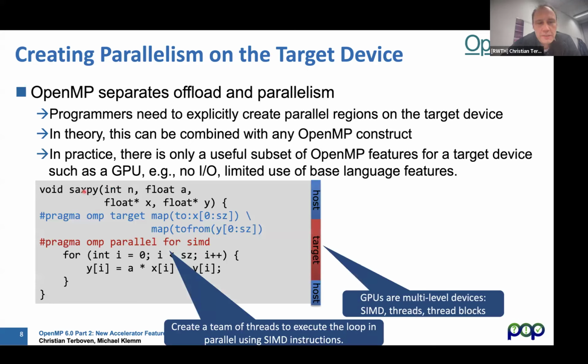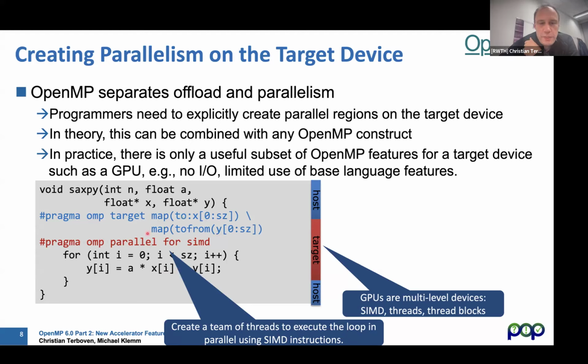Let me illustrate that with a very simple SAXPY kernel. So we're doing this well-known operation, y equals a times x plus y, and the target performs the offloading as shown before. Mapping x to the device means we get x on the device. Mapping to/from of y means we get y on the device before the kernel and the result back.